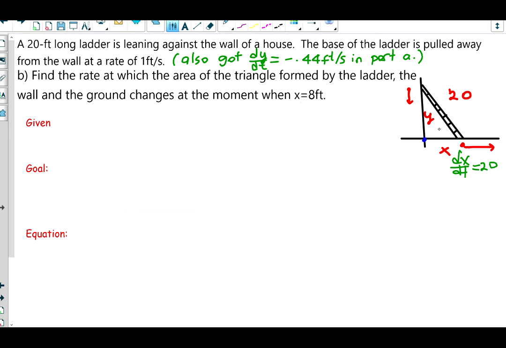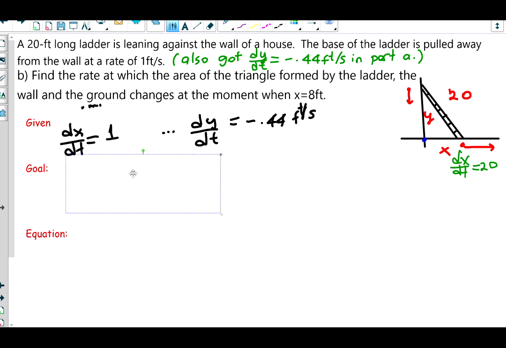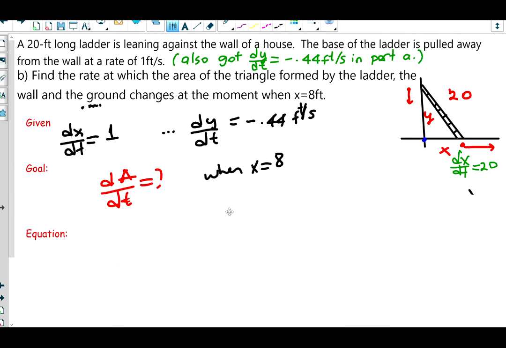To be able to do that, we're going to need to begin with the area equation, but let's write down again what is given here. So we know dx/dt is 1, and from the last part we know dy/dt is negative 0.44. We got that in part A. So we can assume that those two quantities are given, and we're going to find dA/dt, the rate of change of the area of the triangle with respect to time at the moment when x is equal to 8.